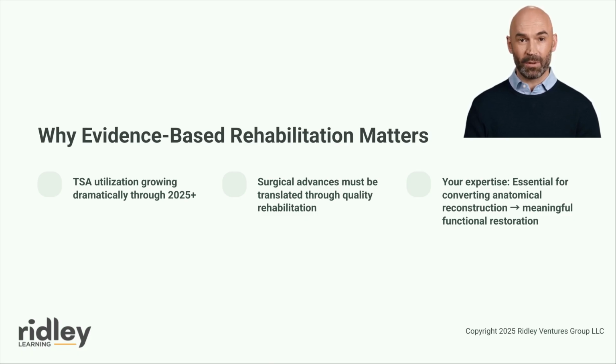As rehabilitation professionals who now understand the biomechanical principles underlying anatomic and reverse arthroplasty, recognize the indications and contraindications for each procedure, implement phased protocols with quantitative progression criteria, identify complications early through systematic assessment, and individualize care for high-risk populations, you are positioned to deliver the highest quality outcomes-oriented care.